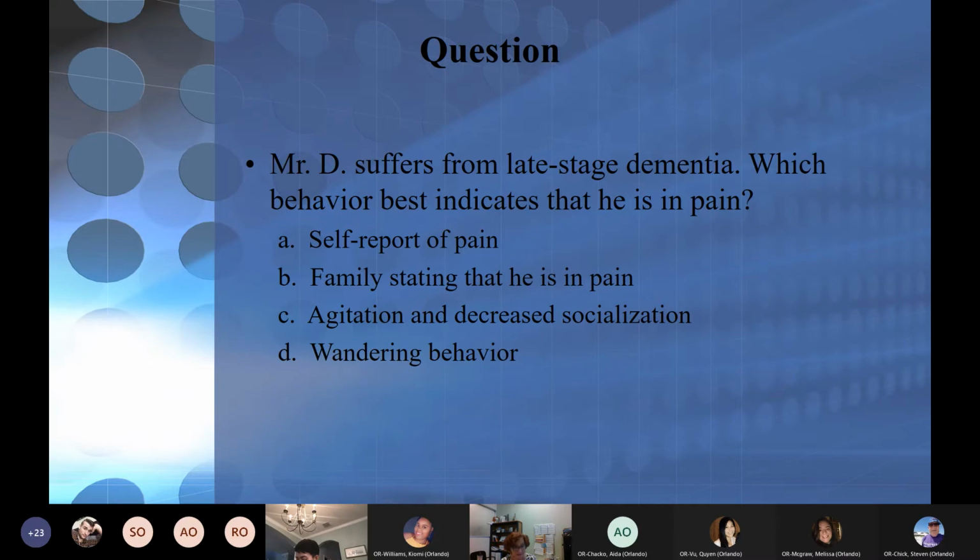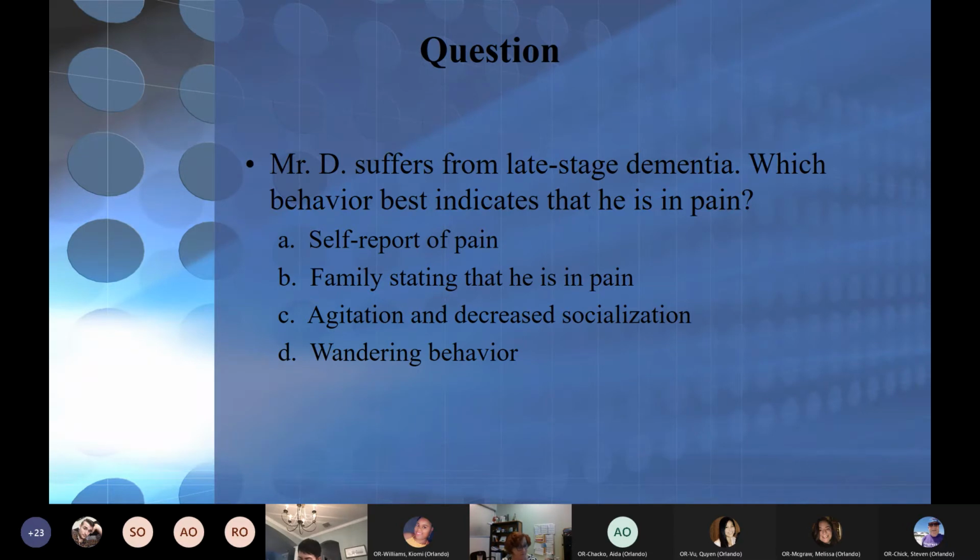The family says that he's in pain, that maybe he's agitated and doesn't have a lot of socialization, or his wandering behavior. Which one do you think would best indicate he's in pain?